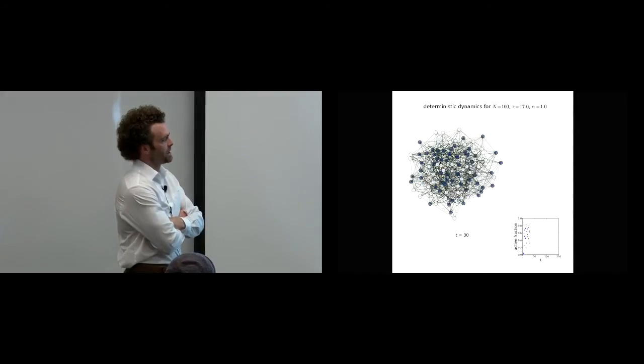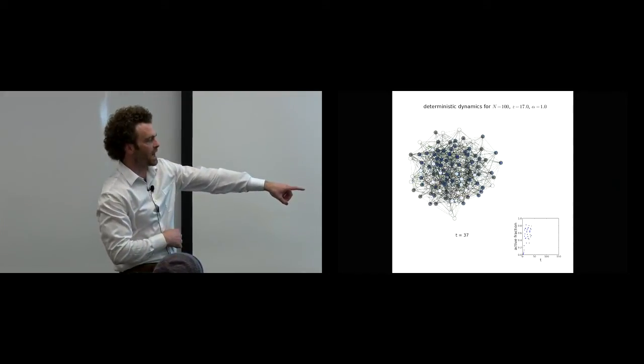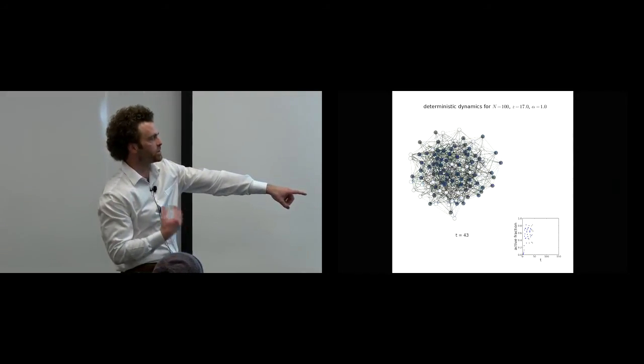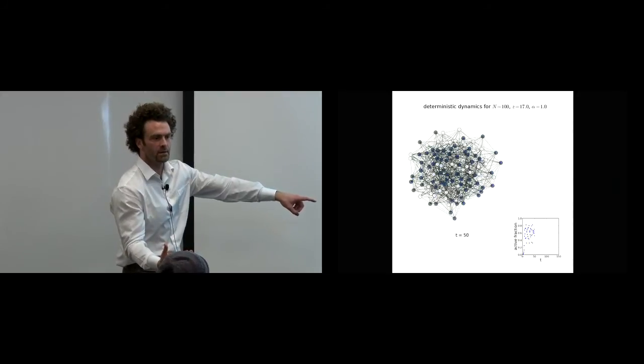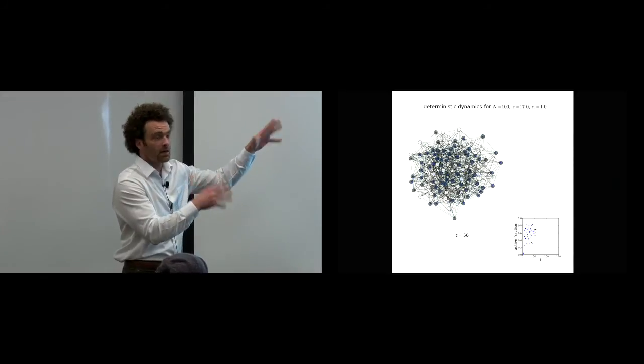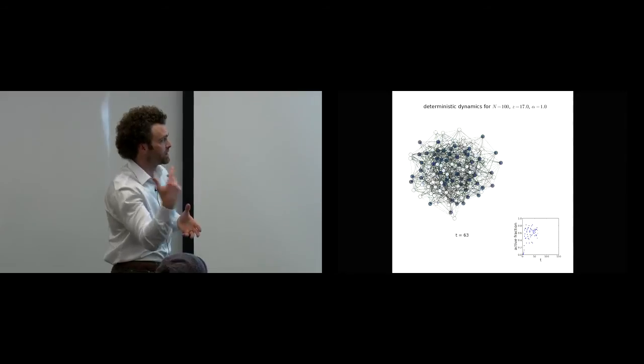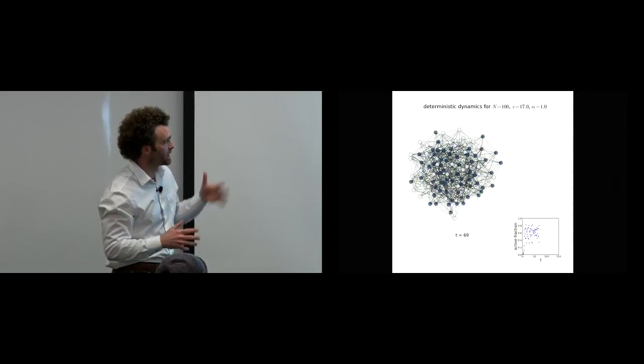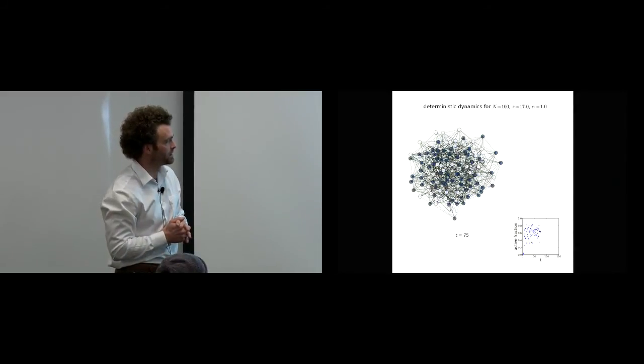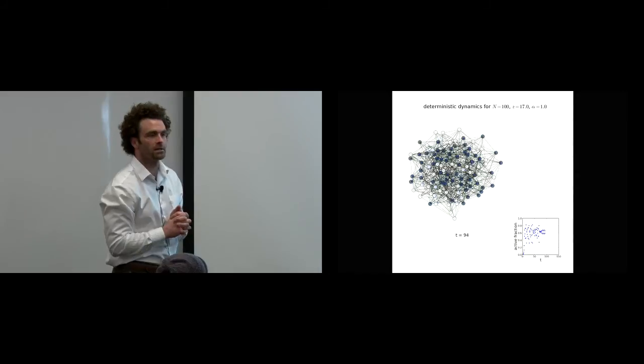And what we're plotting here on the bottom right is the active fraction. So it's the number of individuals exhibiting that behavior. It's a fixed network, and people are connected to each other, and they're querying their neighbors. It looks sort of random. It's kind of hopping around. And now it's not.